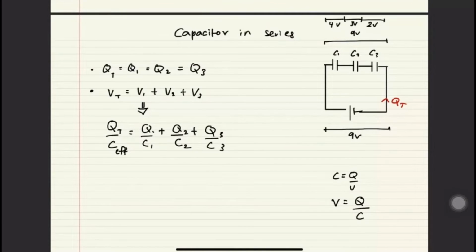And since the charge is the same, looking at statement number 1, Q total equals Q1 equals Q2 equals Q3, those cancel out, so it becomes 1 over C effective equals 1 over C1 plus 1 over C2 plus 1 over C3. Okay, so if we want to calculate C effective, we have to use this formula. And if you notice, this formula is actually opposite to the resistance.